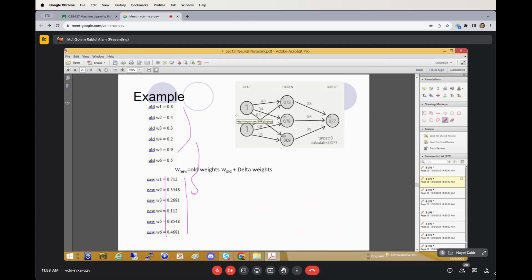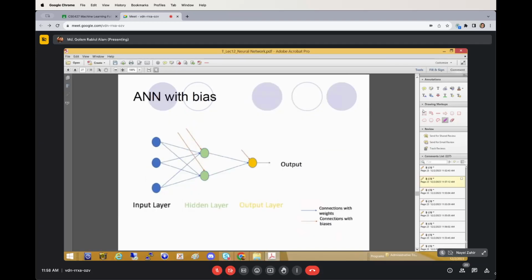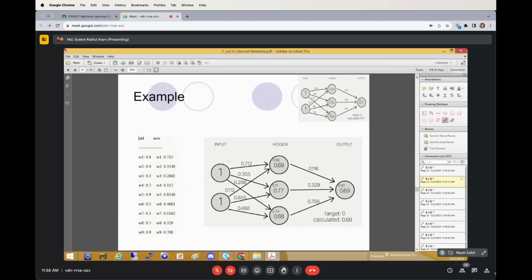So after the first iteration, the forward propagation and backward propagation are now complete. We need to use these updated weights for our next iteration, and we have done that. We used the updated weights and completed the forward propagation again for the same input, 1 and 1.